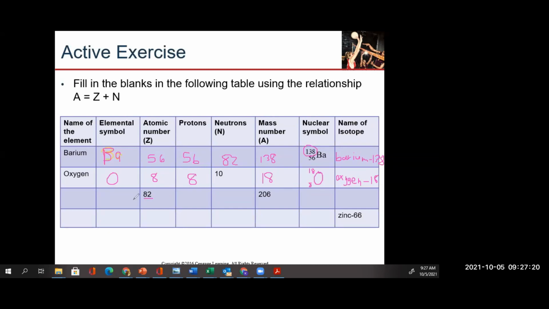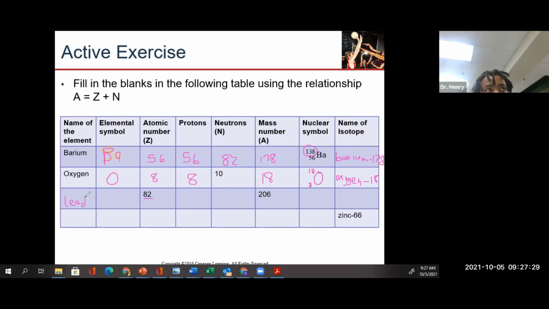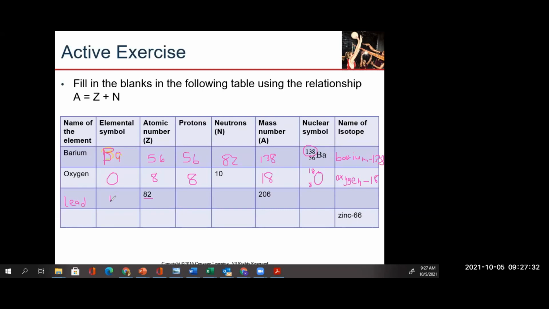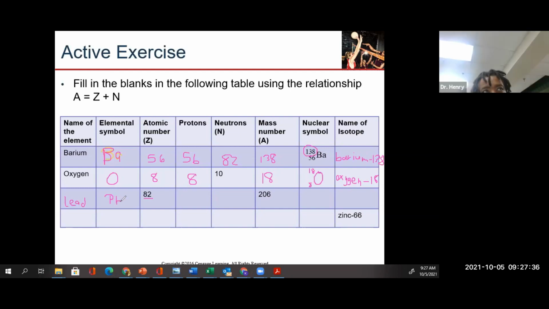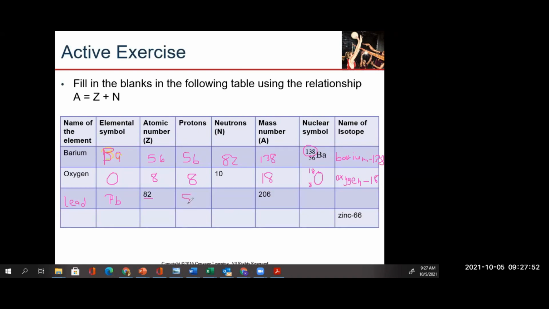Lead. The symbol for lead? Capital P, lowercase b. Okay. Number of protons: 82.